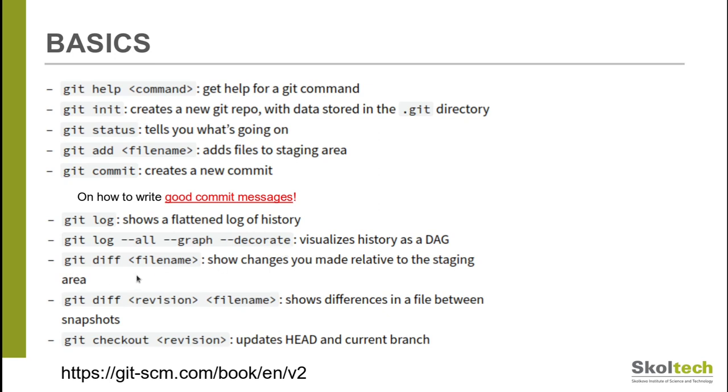Git diff with a file name shows changes you made relative to the staging area. Git diff with some revision and file name shows the difference in a file between snapshots. Git checkout revision updates your head and current branch. Git checkout branch switches your current branch.